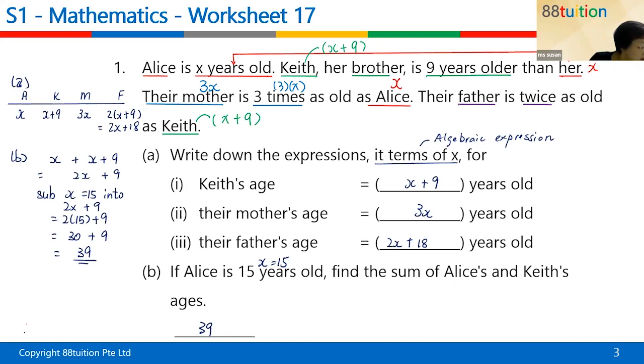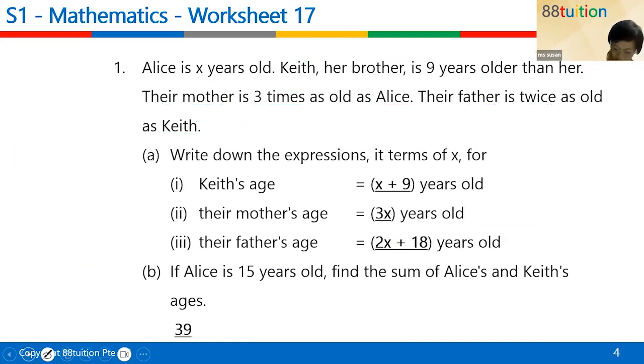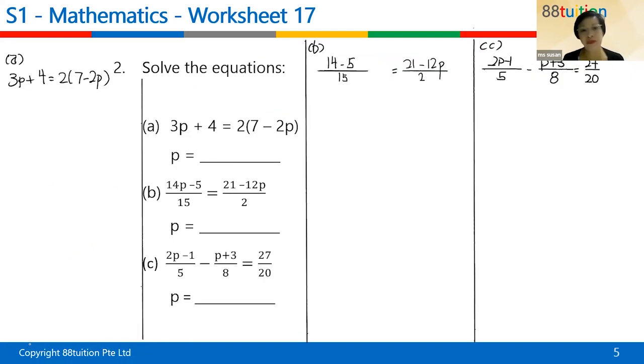Next question. Let's turn to the next page. Now look at this. Solve the equation. The moment they say solve the equation, that means they want a value. The word solve means this is an equation, and an equation comes with a right-hand side and a left-hand side.